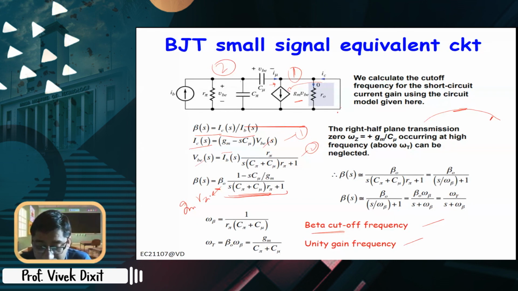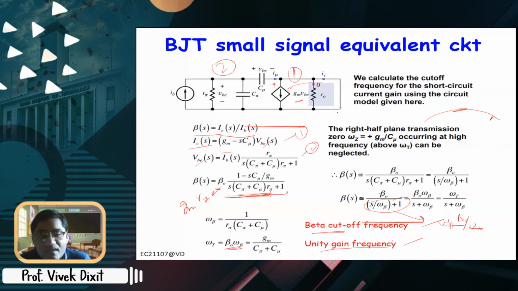And beta will be 1 if this part is equal to beta naught, so your omega is basically omega beta times beta naught. That will be the unity gain frequency. Divided by omega beta, beta naught will cancel and you will have 1.